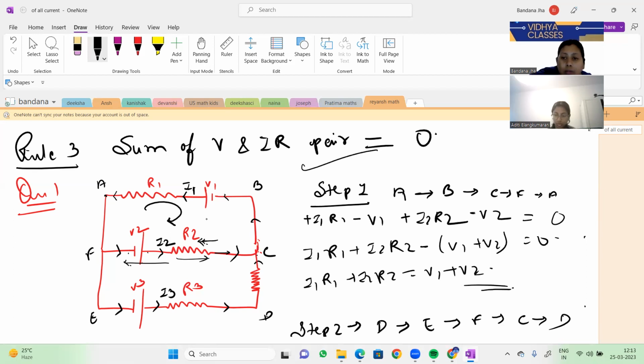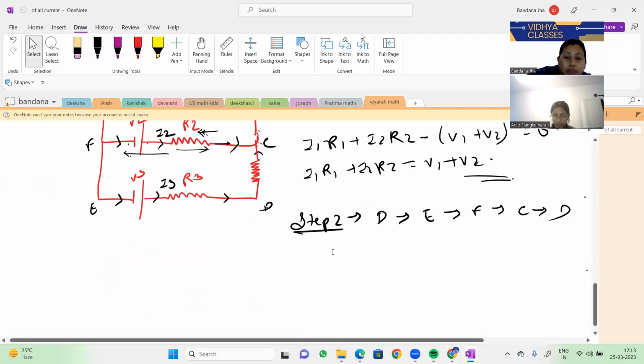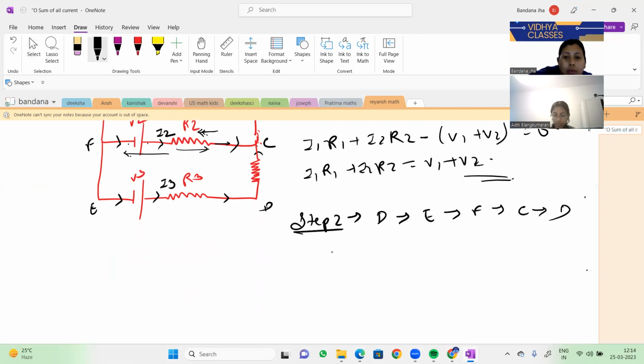Now similarly for step 2, the second part. I am traveling from D. The I3 current is flowing in this direction.